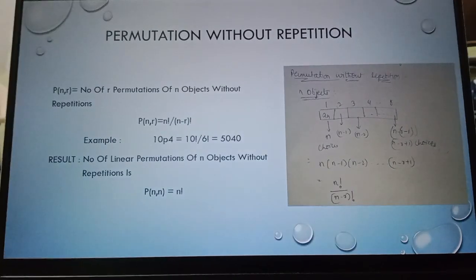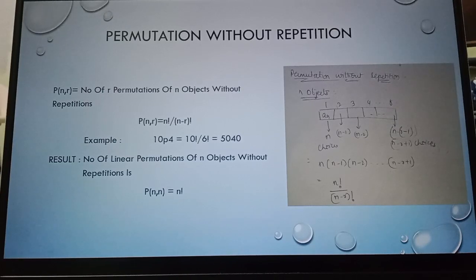Now permutations without repetitions. Here is an image where we can derive this formula: n factorial by (n minus r) factorial. We use this formula for the number of r-permutations of n objects without repetitions.